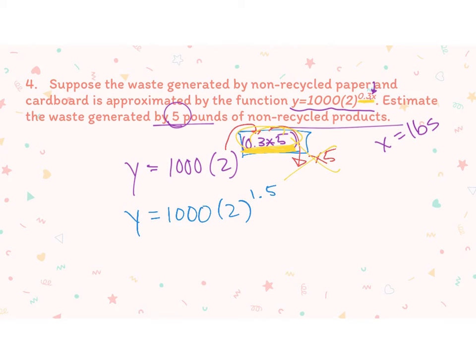Just take 0.3 times 5 in your calculator first, hit enter, then use that number to type the whole thing in. So now I'm ready to type in 1,000 times 2 raised to the 1.5 power, and I get y equals 2,828.43, and this is in pounds.